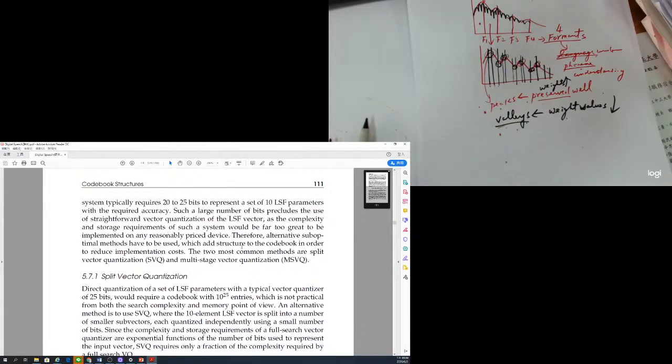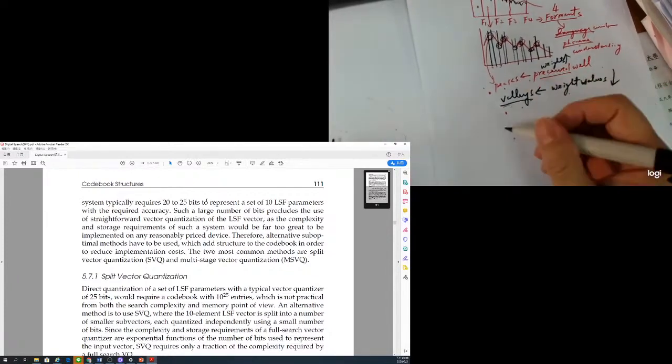Sometimes there are two approaches. One is split vector quantization, SVQ. The other one is multi-stage vector quantization, not one stage. Why?